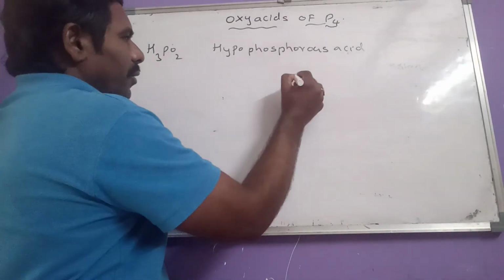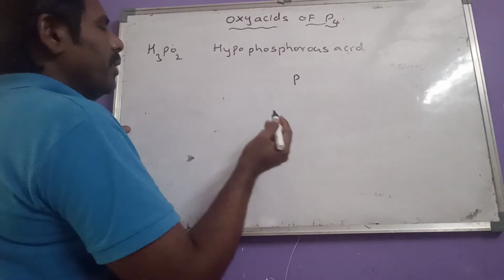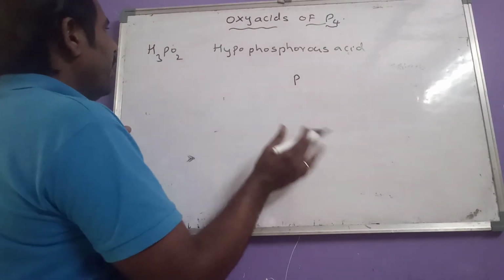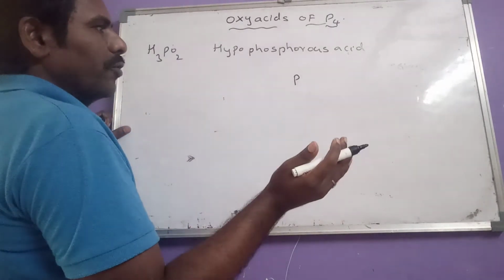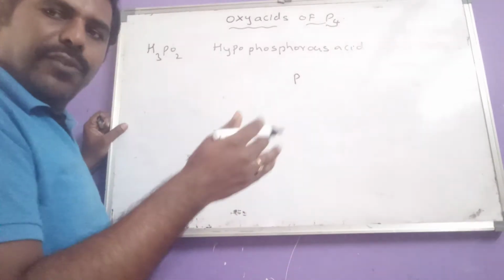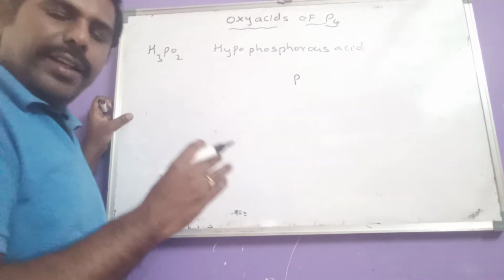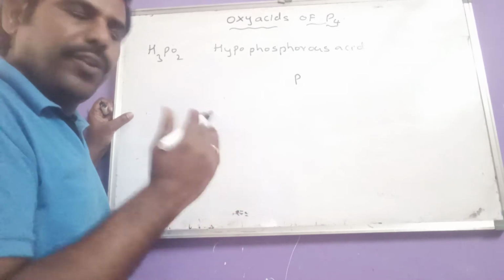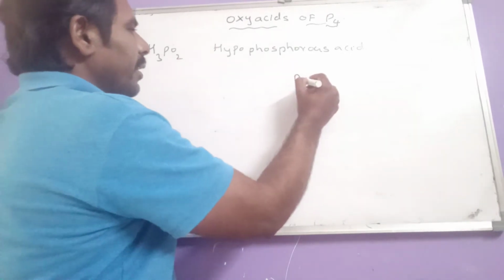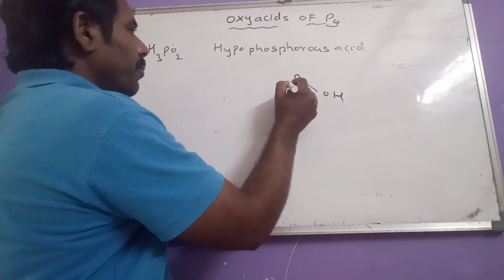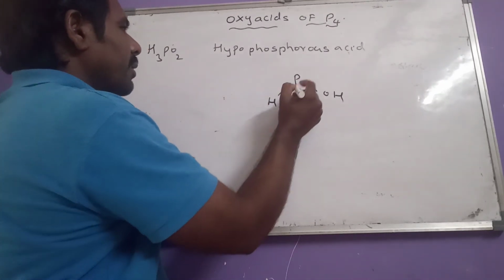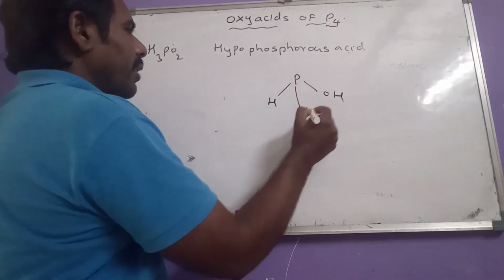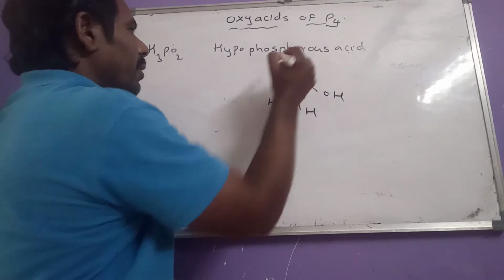Phosphorus valency we know is 5, so we have to balance that. Of course less than 5 also we can write, but more than 5 bonds is not possible with phosphorus. So now here an OH group, hydrogen, and here another hydrogen, double bond O.